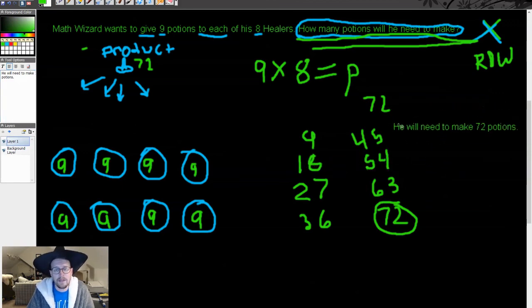You do need to write the sentence, but look, I'm getting most of my words from here. He will need to make, and my answer, 72 potions. Most of it is there for you in the question. You're just restating the question to give an answer and make sure we're both on the same page and that it makes sense. Good luck doing a couple of these yourself.